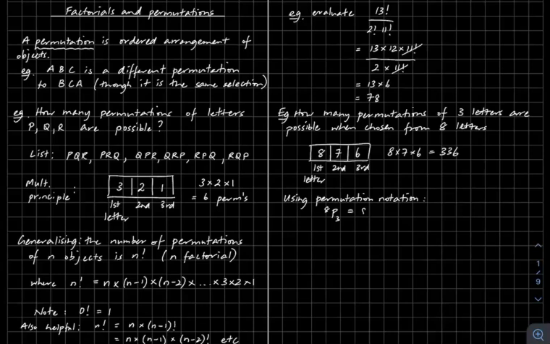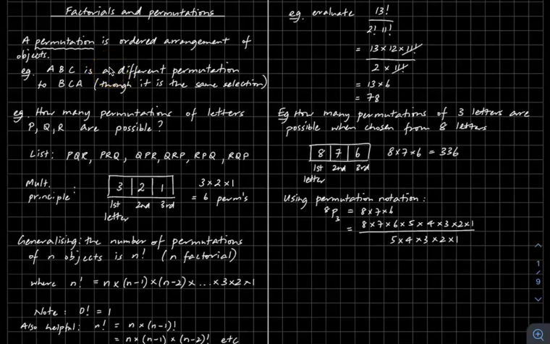So by recognizing that 8 times 7 times 6 is in fact equal to 8 times 7 times 6 times 5 times 4, so I'm just writing it out here so that we can express it using factorials rather. So if I write that, then on the denominator I'm going to need 5 times 4 times 3 times 2 times 1.